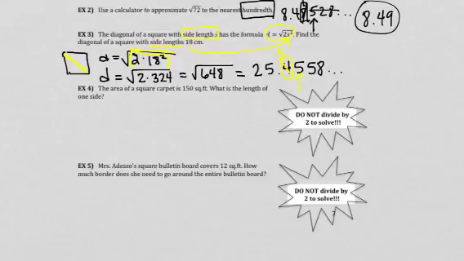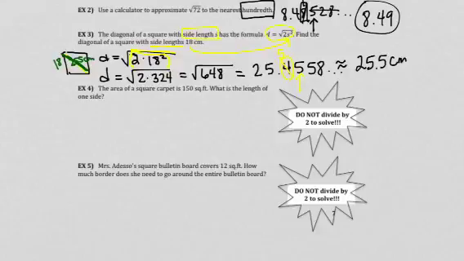So that means my final answer is going to be approximately 25.5 centimeters. So when the side length of this square is 18 centimeters, then the diagonal is going to be about 25.5 centimeters. And that's the length of the diagonal going across.